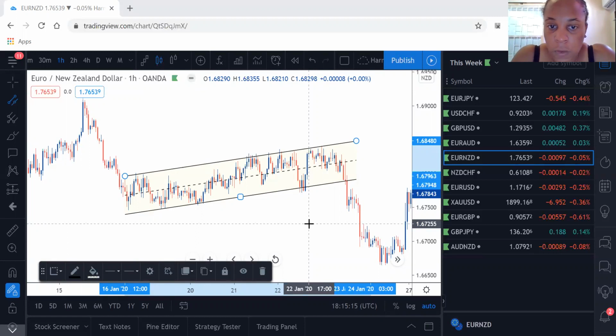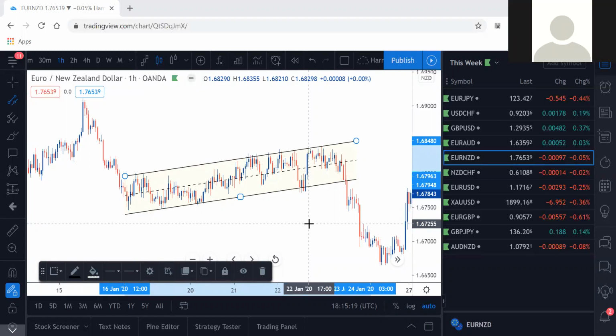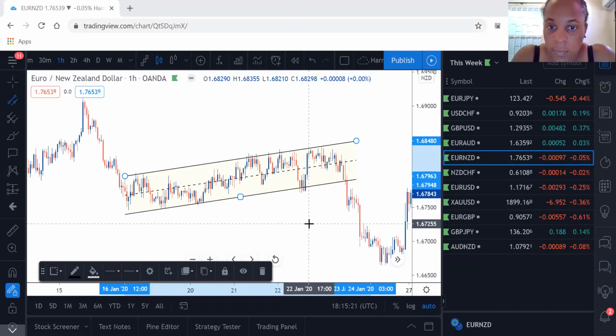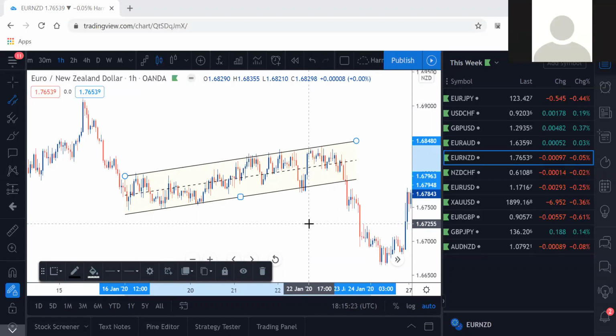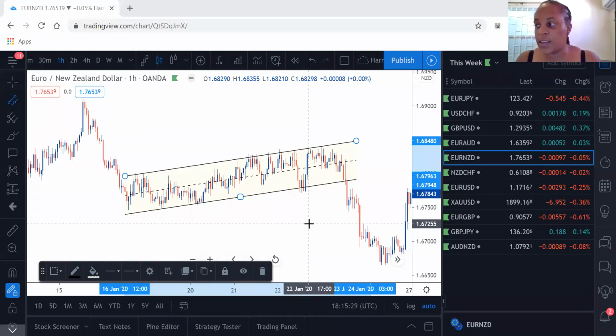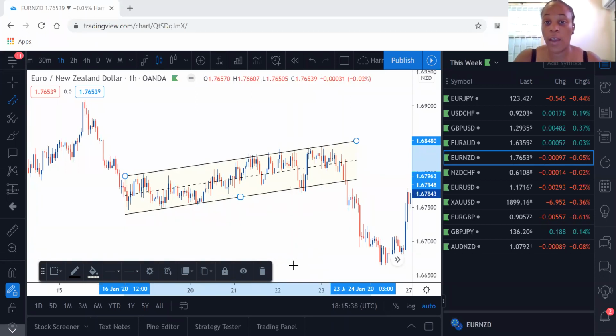Rejection at the middle. That's 1. Support and resistance. Good. Excellent. So you need to see 3 components in order to validate the channel. You need to see support, resistance, and a validation of, and rejection of the middle.